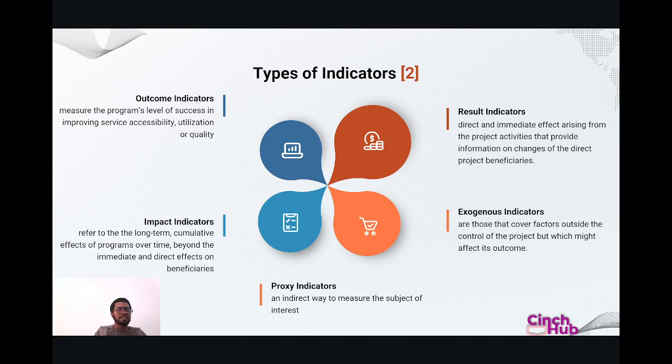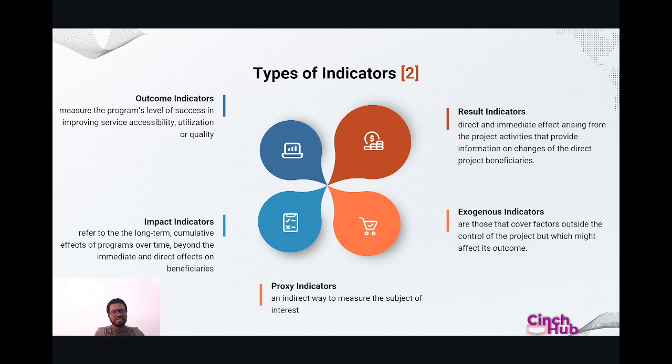Now, the impact you're aiming at, there are some factors outside the control of the project that might just affect this. For example, attrition, or remember when we had the COVID outbreak.